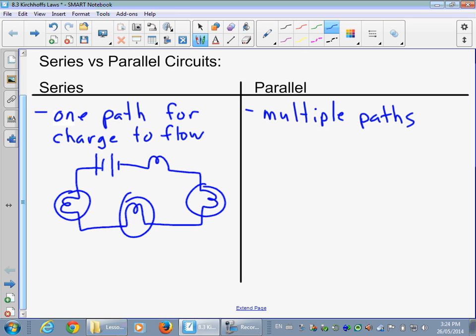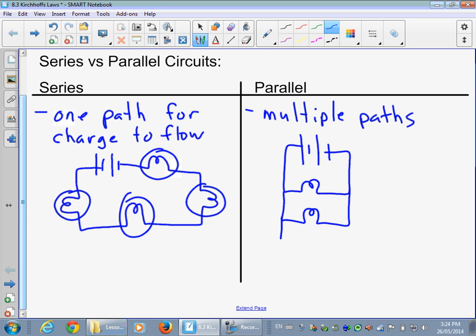So we've got 4 light bulbs all in one loop. So the electrons only have one choice of which way to flow. Either the electrons are flowing and they're giving off energy, or they are not flowing and they're not giving off energy. In this case, a parallel circuit would look like something like this.